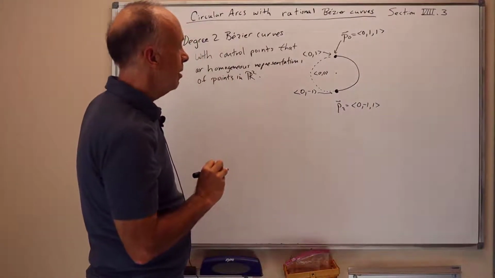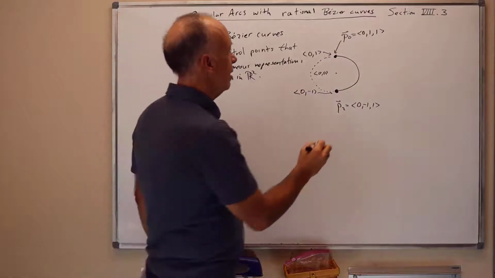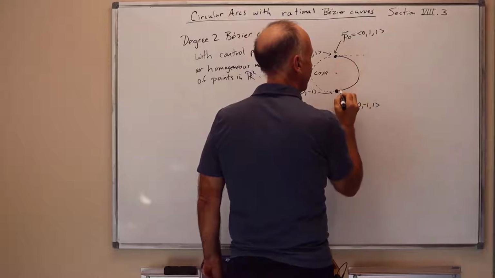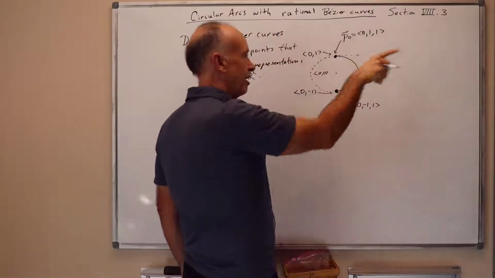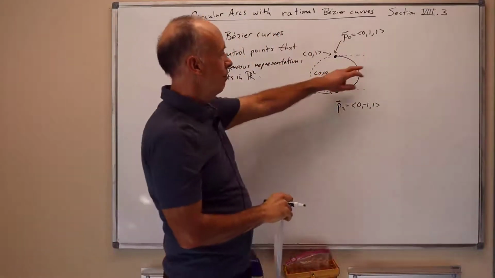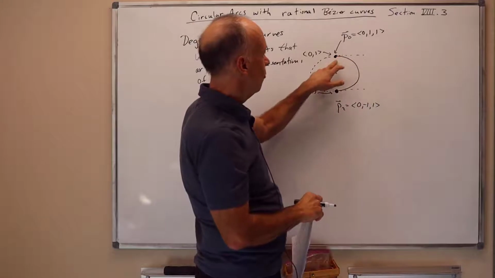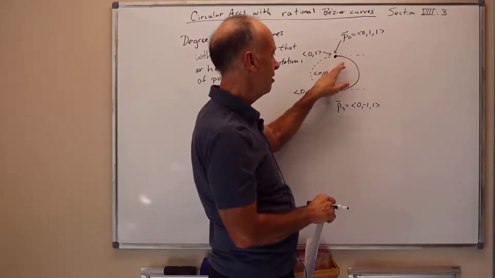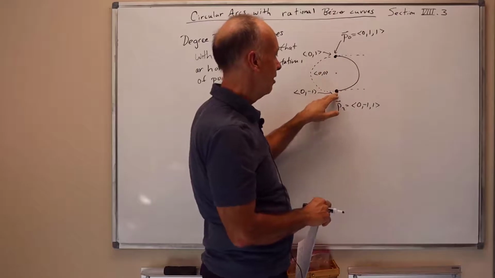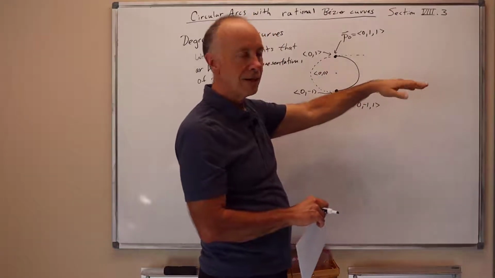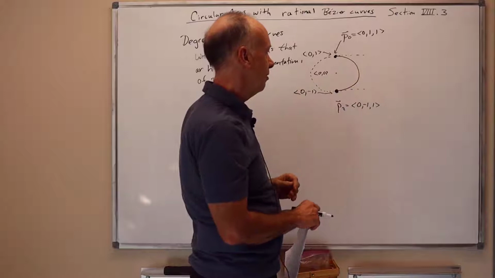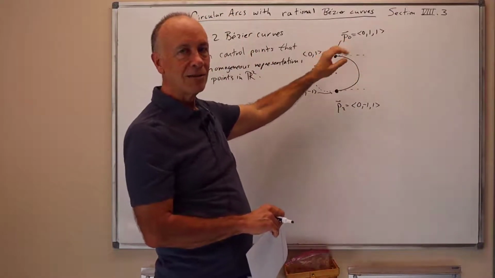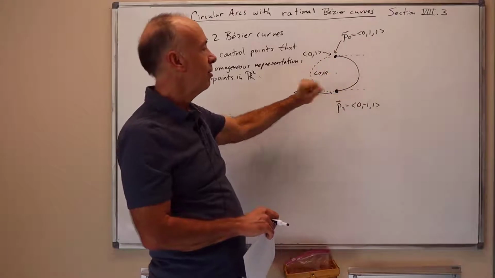For the middle point, P1, it should be out in such a way that the line segment from P0 to P1 is tangent to the top of the circle, and likewise the line from P2 to P1 is tangent to the bottom of the circle, just because Bezier curves always start off tangent to the control polygon and end up tangent to the control polygon.